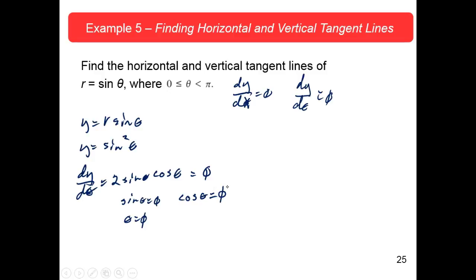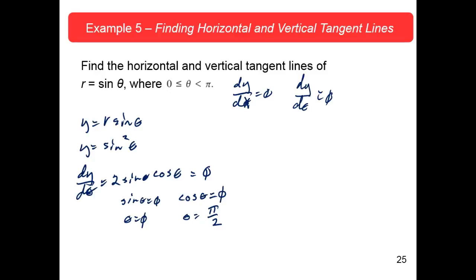And where between 0 and pi is cosine theta equal to 0? So theta equals pi halves. All right. So 2 places there where the first derivative will be 0, at least potentially. So that's the horizontal tangent lines.